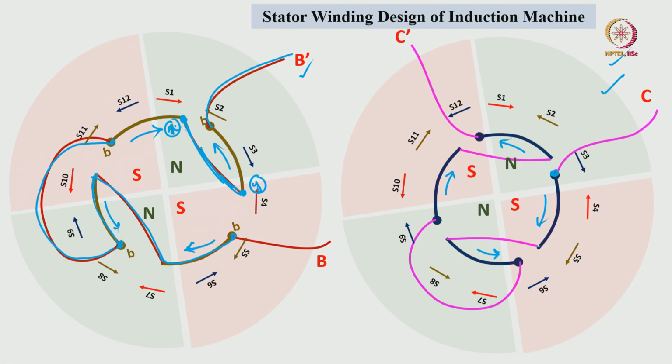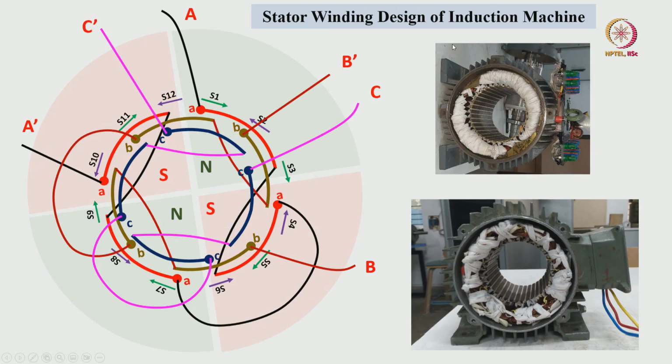Okay. So, from this point head we are connecting to the tail, these 2 points, and then from this point head connected to this tail point, and from here to here, and then as per the arrow we are coming out with the connections, this is C dash. So, the final 3 phase connections we can see in this fashion, all these 3 phases.